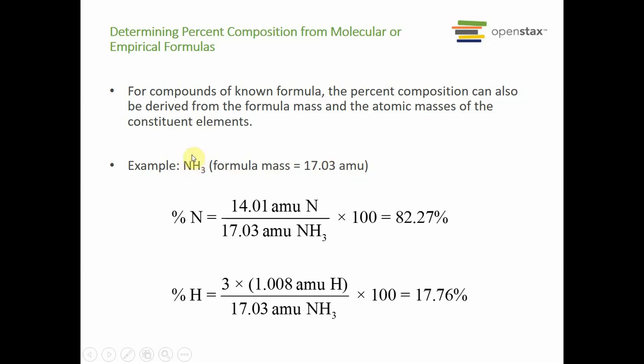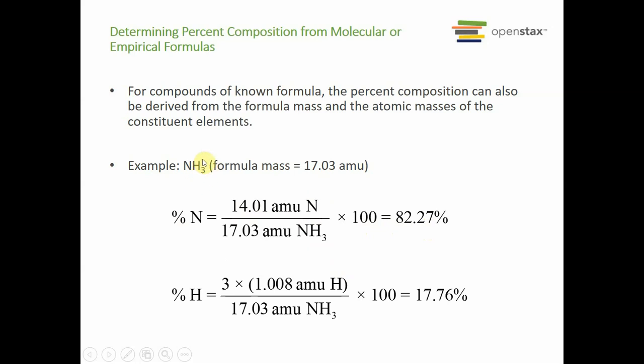We can just look at it and say, well, it's got one N and it's got three H's, and we know the mass of those in terms of atomic mass units. So the percent nitrogen is the 14.01 atomic mass units that represent the atomic mass of nitrogen divided by the mass of the molecule times 100% equals 82.27%.